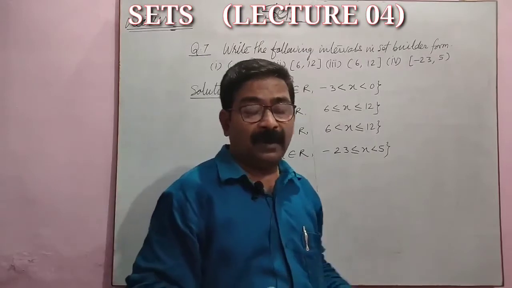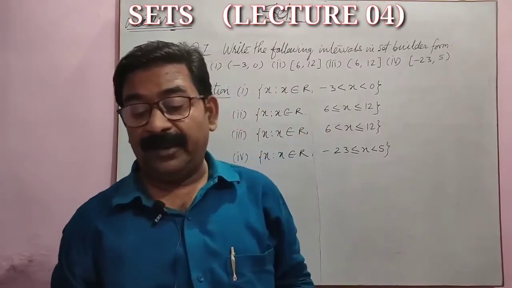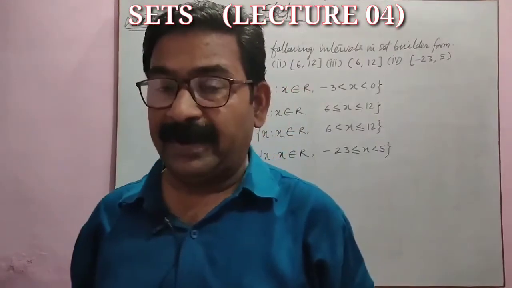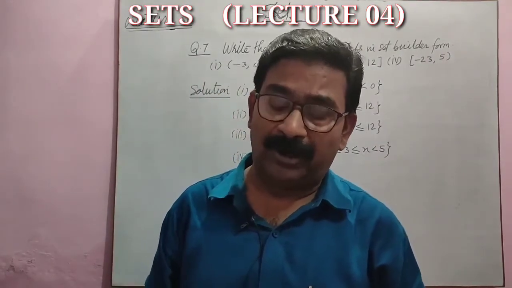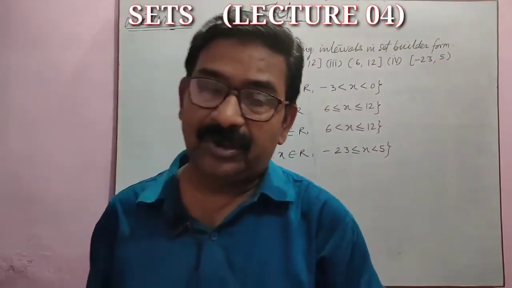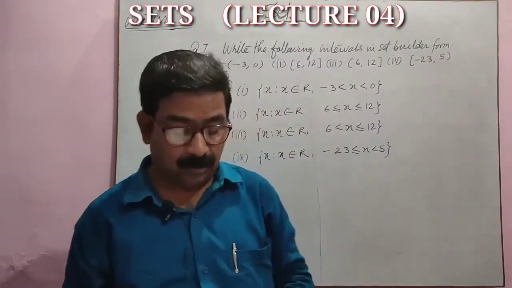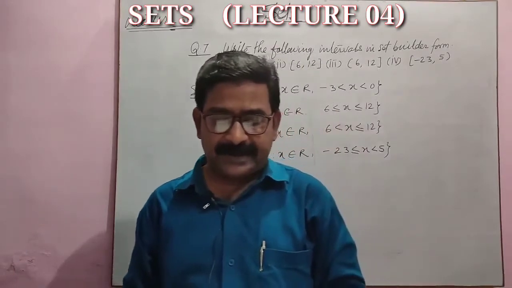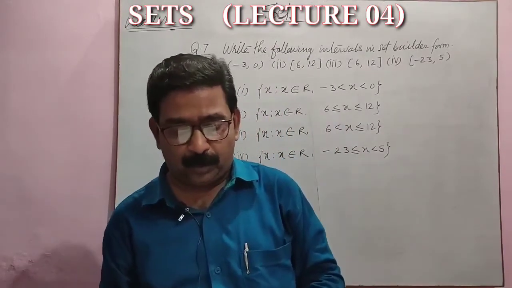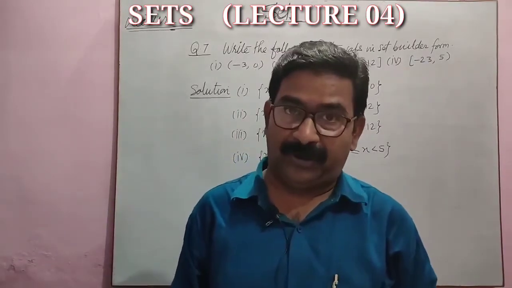Got it? Now after this we have to solve question number 8. Not solve, we have to write the answer only. See, I am reading the question and you have to write the answer only. Try to understand. What universal set or sets would you propose for each of the following?